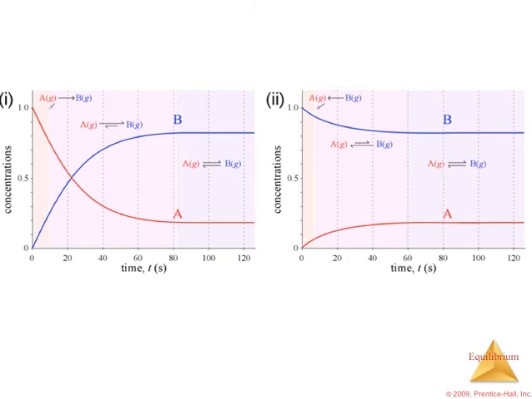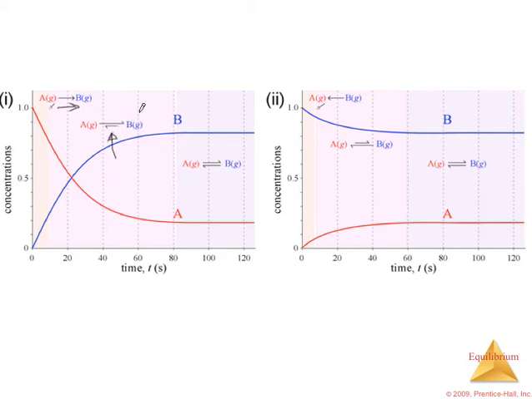The only difference with this graph is that we try to highlight the difference in the rates. When the reaction first starts off, I only have reactants present, so it will only go in the forward direction until I make some product. If you look here, this is the smaller arrow.